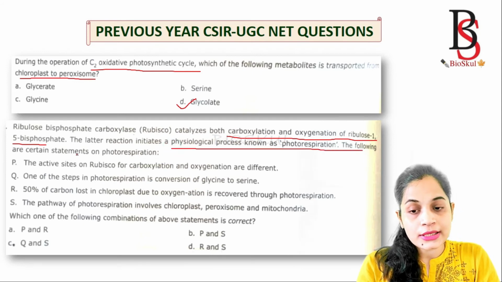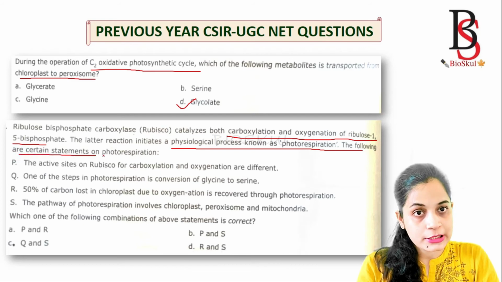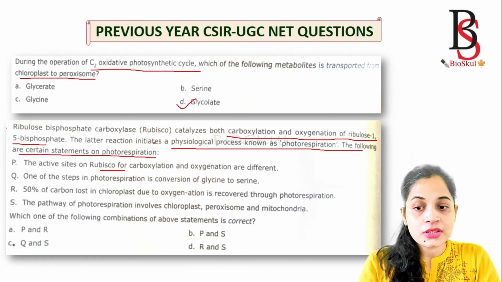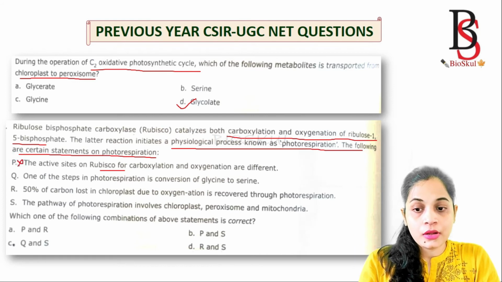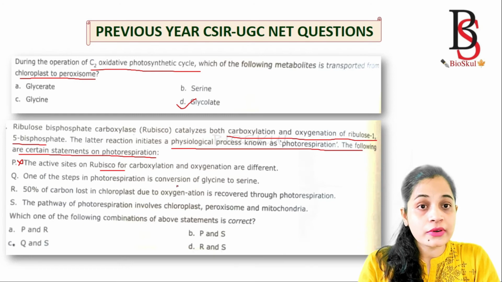The following are certain statements on photorespiration. Let's see the options. The active sites on RuBisCO for carboxylation and oxygenation are different? No. One of the steps in photorespiration is conversion of glycine to serine.